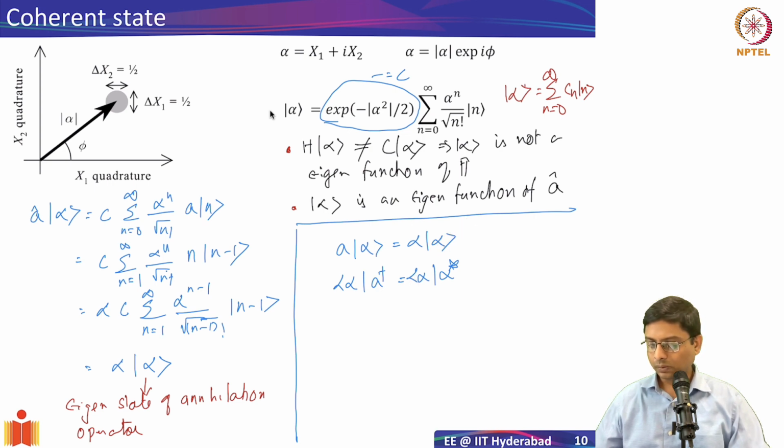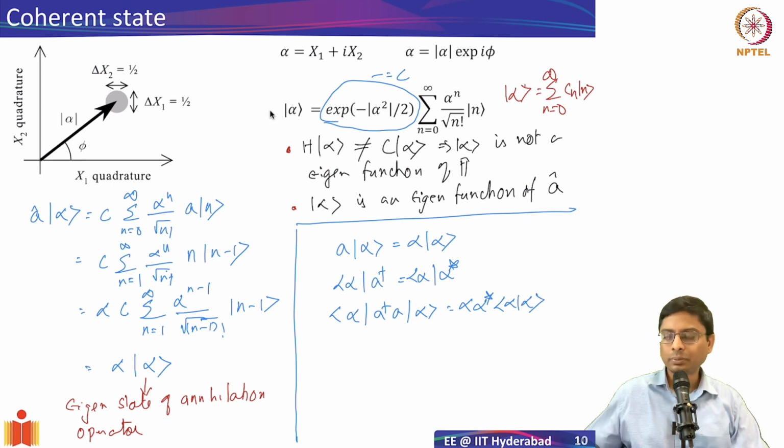So now, if I combine both of them in a product, effectively I'll end up with alpha bra A dagger A alpha ket is going to be equal to alpha alpha star, right? That's what I think it should be.